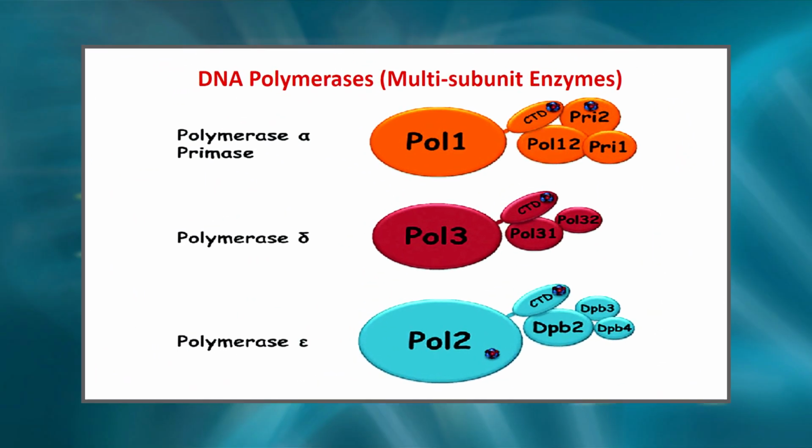Dear students, finally, the DNA polymerases, which are multi-subunit enzymes including polymerase alpha, polymerase delta, and polymerase epsilon, are critical for the accurate replication of cellular DNA.